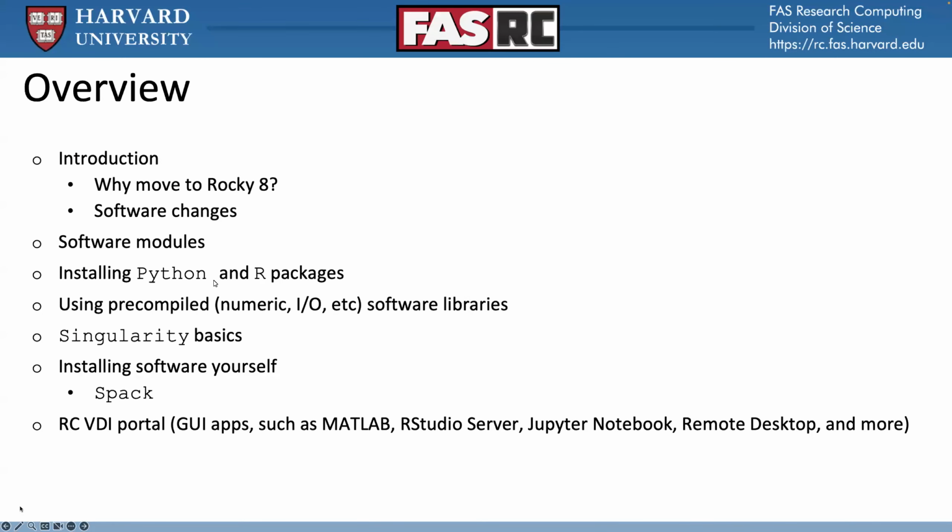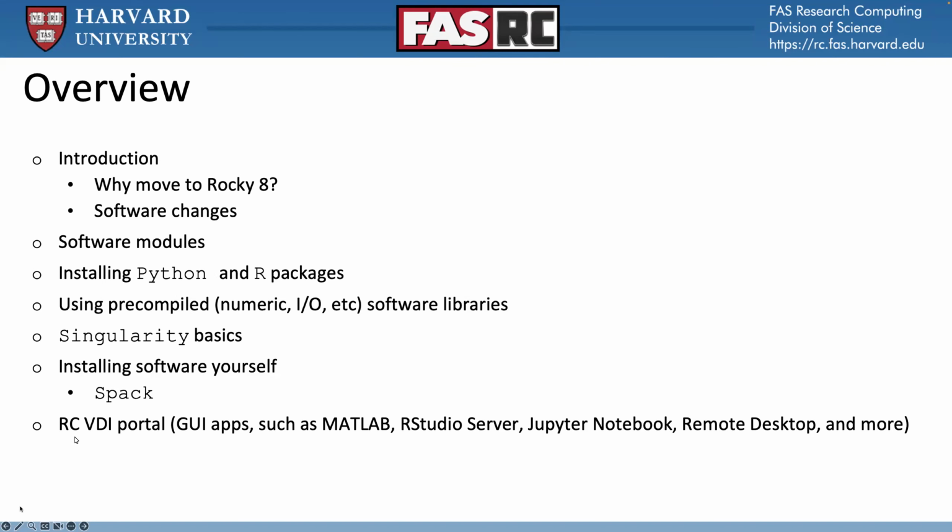An overview for today's presentation: why we moved to Rocky 8 and the software changes due to this operating system change, how we use software modules, how we install Python and R packages, how to use precompiled numeric libraries, software libraries, how to use Singularity, and installing software with Spack.